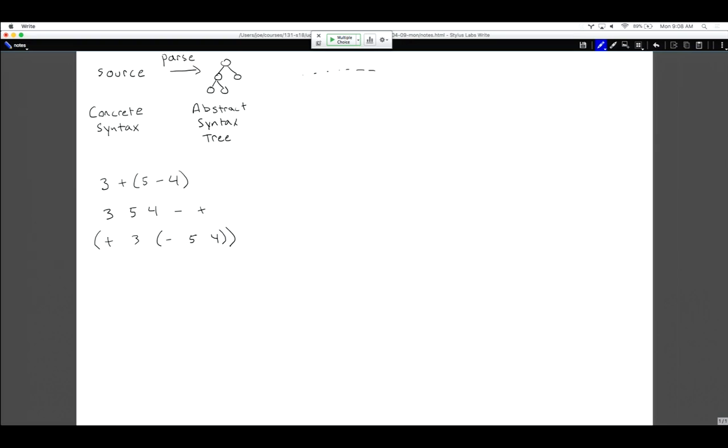I mean, we could definitely write these kinds of things that do arithmetic in programs. And I drew the tree for you on a handout, but I'm going to draw it again here because it's useful to have on the screen, right? This can be nicely represented as a tree of operations, where the root operation is a plus, its left-hand child is the number 3, and its right-hand child is a minus operation that subtracts 4 from 5.